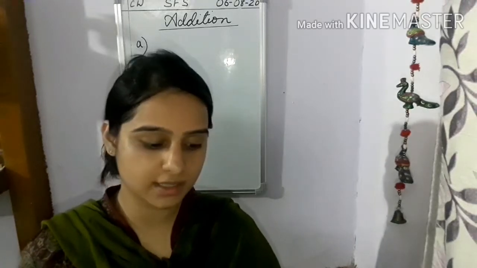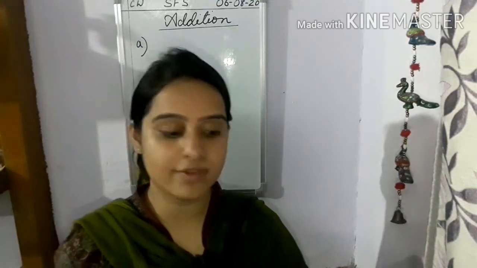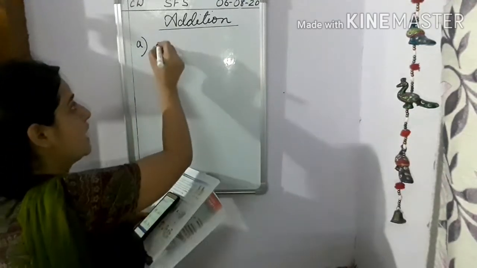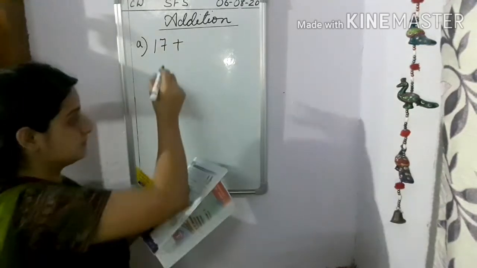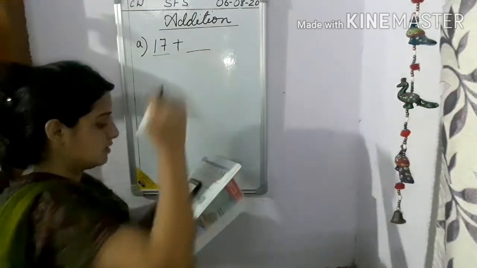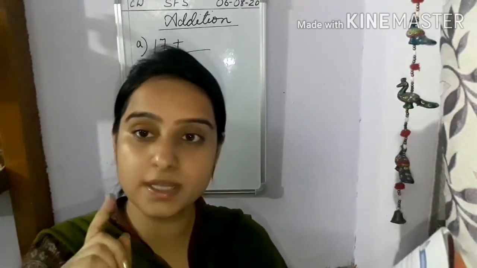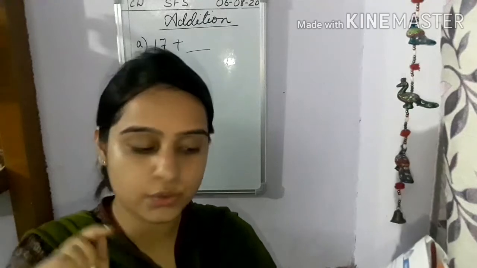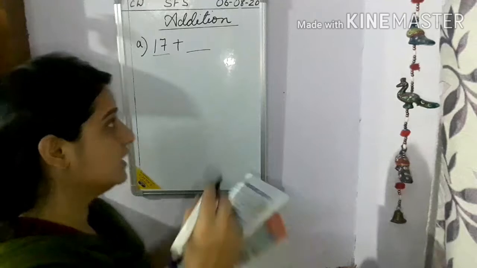Just count how many are there. There are 17. So you write 17 below that. Plus, next you count 4. 4 plus 4, 8. Down 3. So you get total 11. So 11.